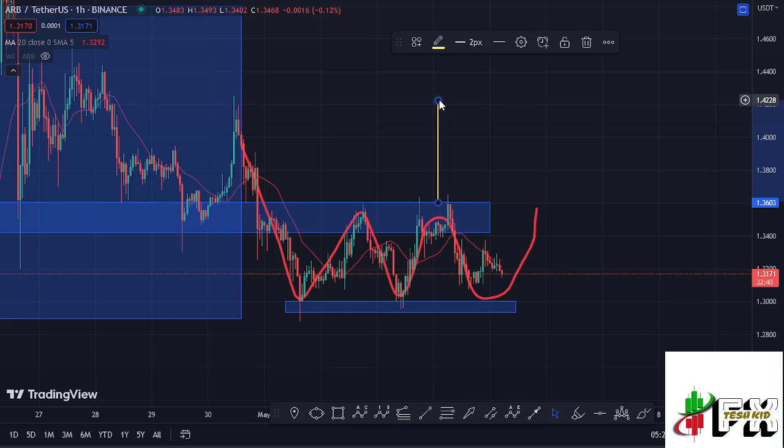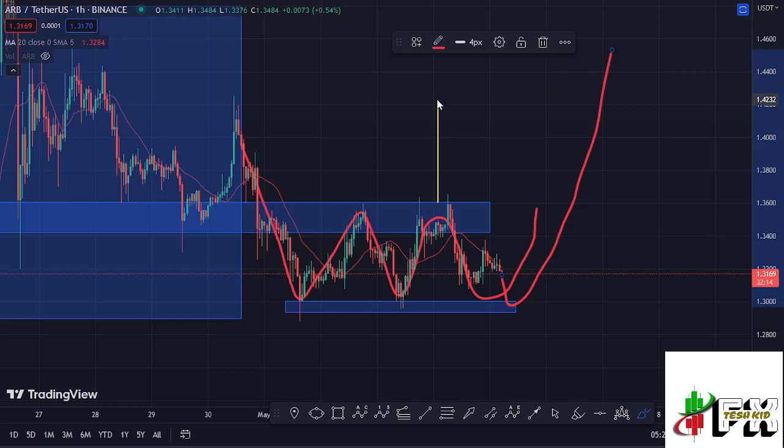So that is what you can expect in case we see further breakdown here on the ARB chart, get to our key area of support at around the $1.299 mark, that key area of support continues to hold and then start our reversal to the upper side in a move that could give us a breakout to the upper side, having the minimum target areas at around the $1.42 mark.